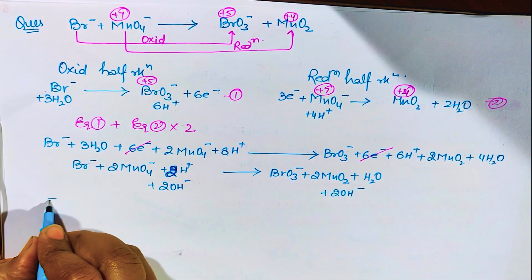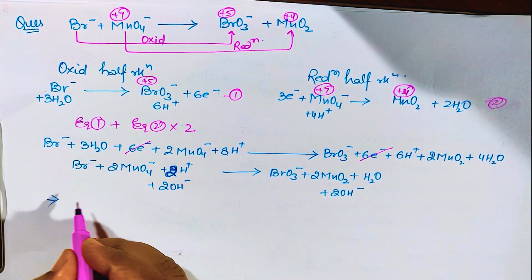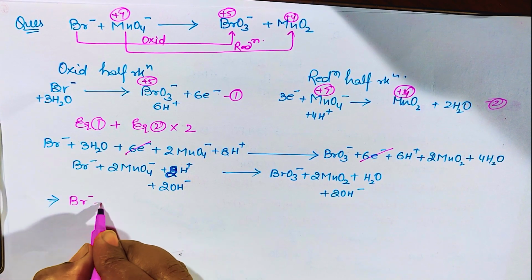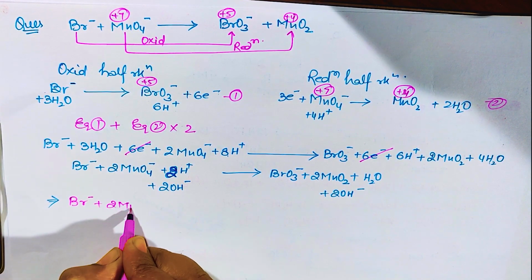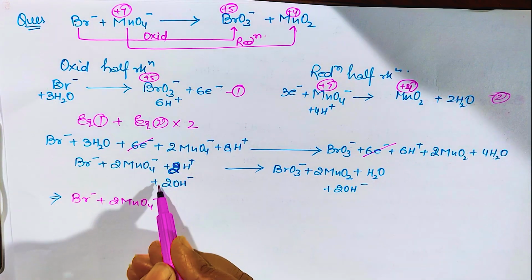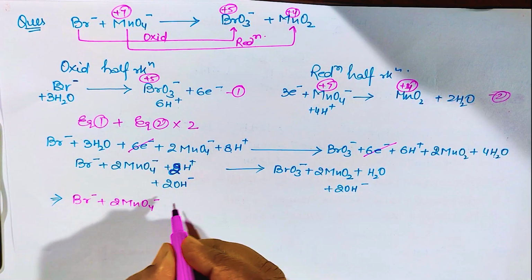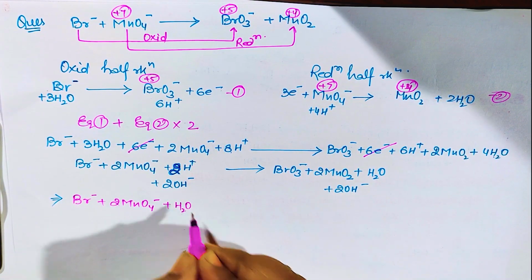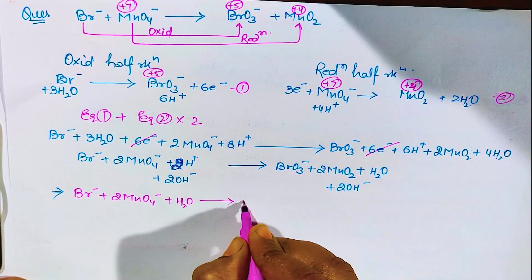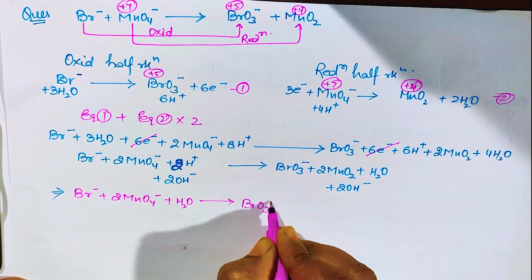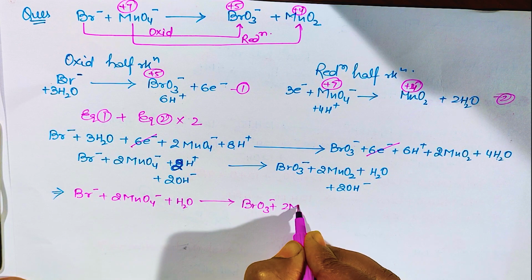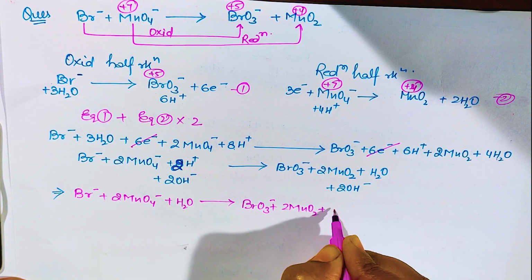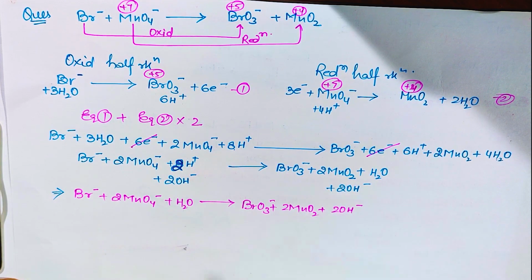So the final answer will be Br- plus 2 MnO4- plus 1H2O, changes into BrO3- plus 2 MnO2 plus 2 OH-.